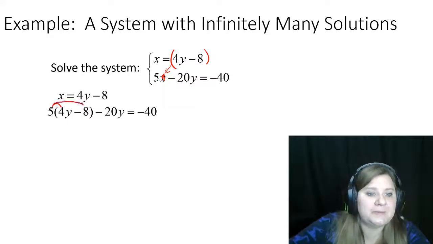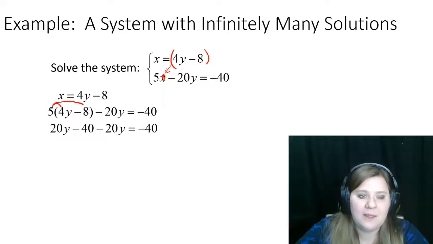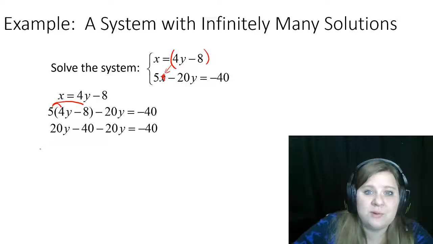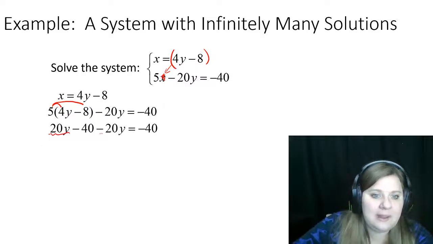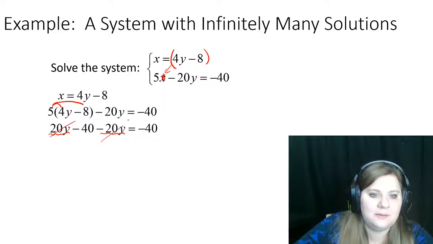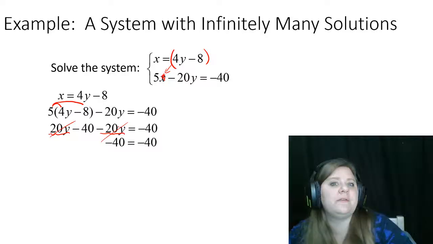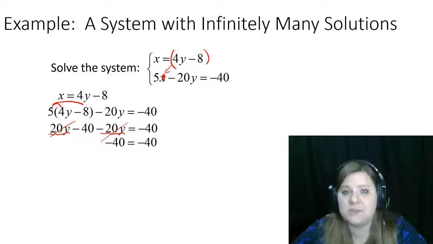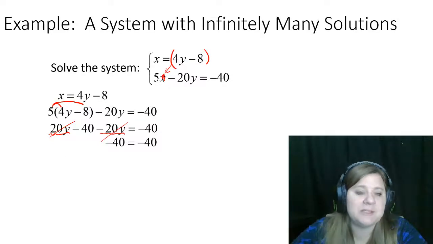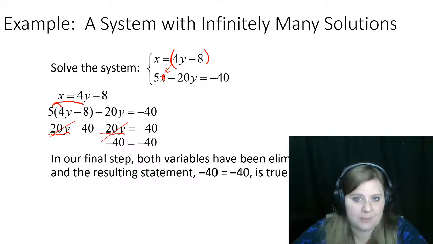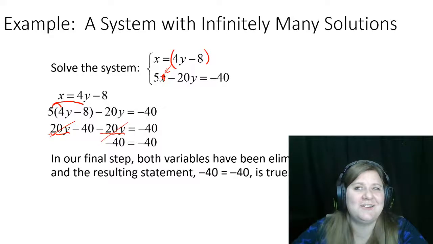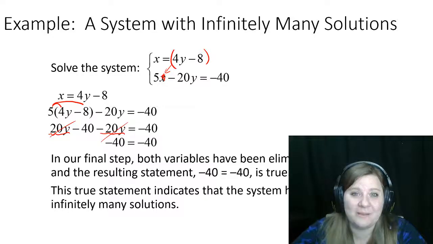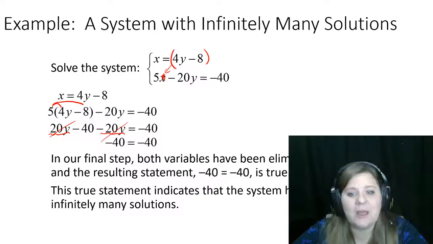I need to distribute the 5. And then I'm going to be able to combine like terms. 20y and negative 20y cancel. That gives us negative 40 equals negative 40. Well, that is always true.